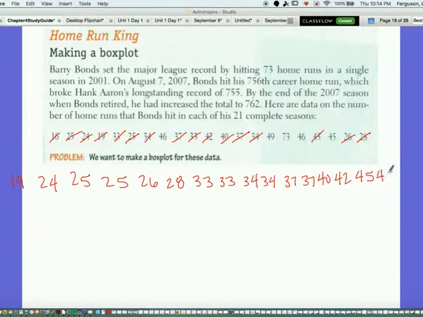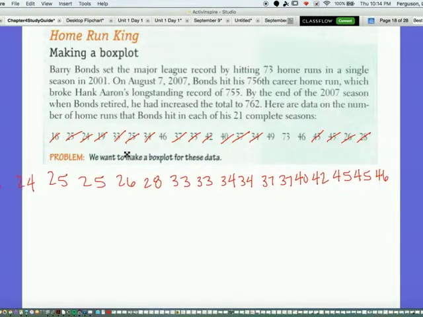Two of those. 46 two times. It's going to happen. I'm going to make it happen. 49 and 73.